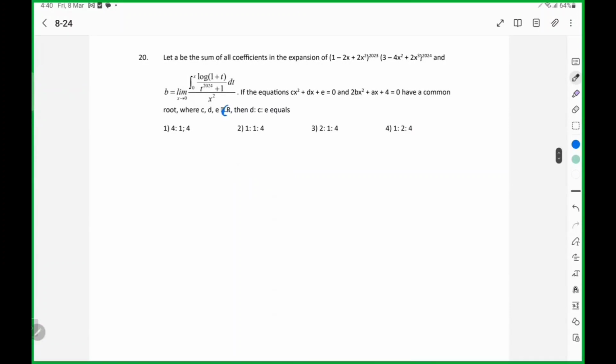Here, the sum of all coefficients is obtained by substituting x as 1.